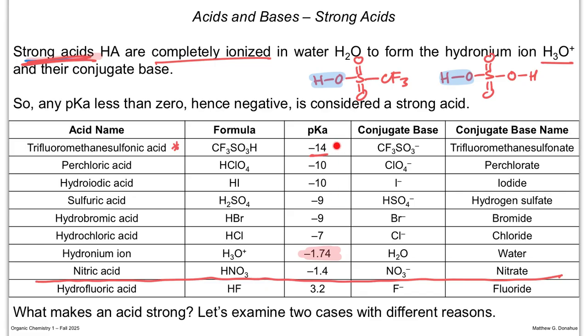Why is that one more acidic? And let me go crazy with the colors here. They both have that, but then that thing in yellow and that thing in red are different.